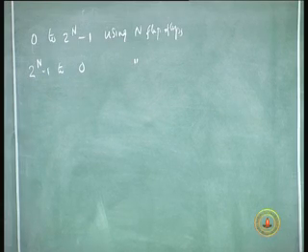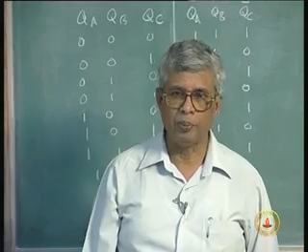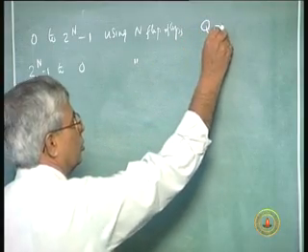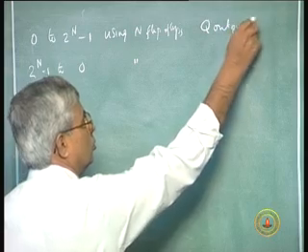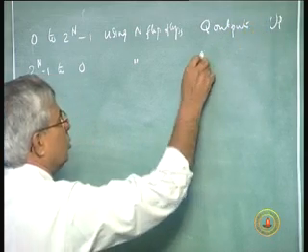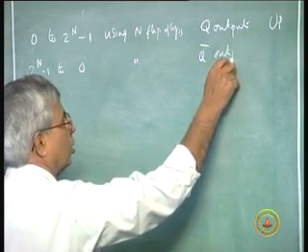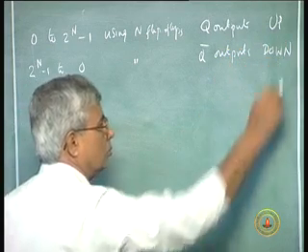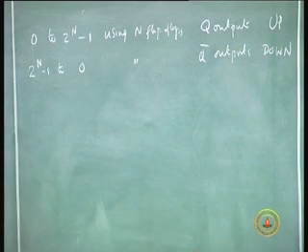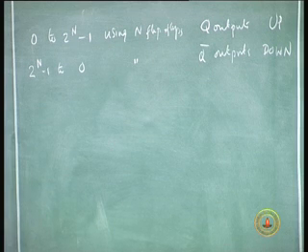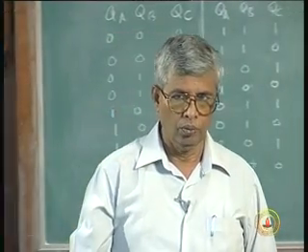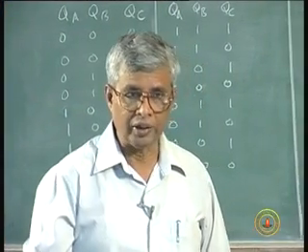Take the output from Q, it becomes an up count; Q bar outputs, if you take, it becomes a down count. So, that is a very major use of a flip-flop: use flip-flops in a chain for counting events.